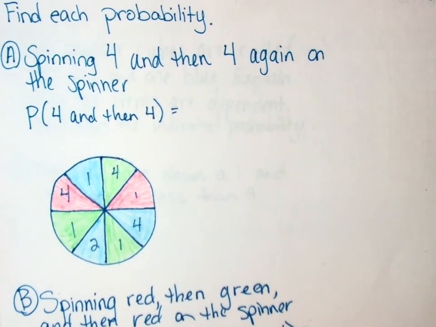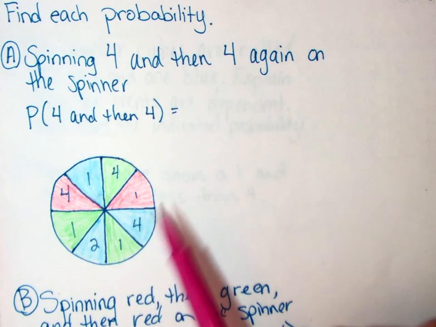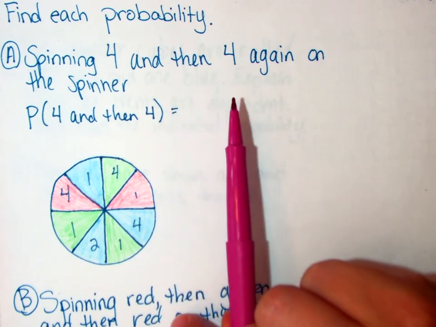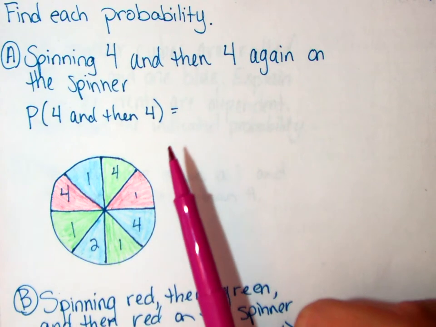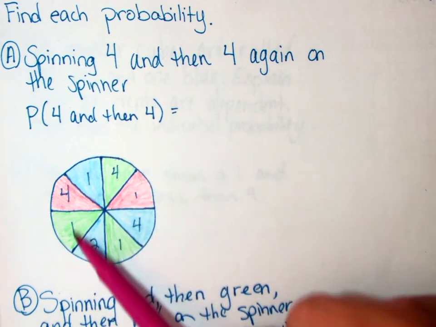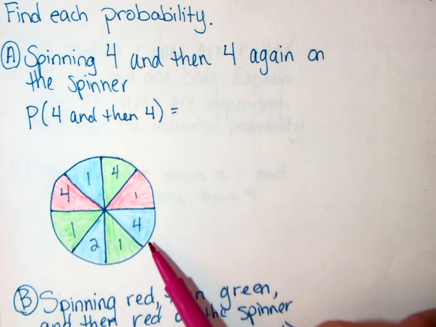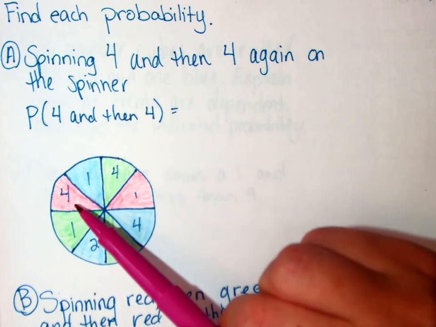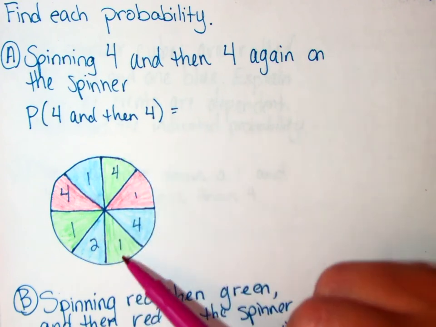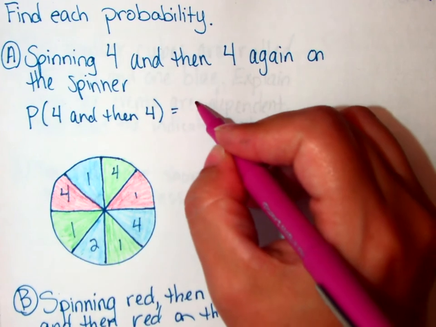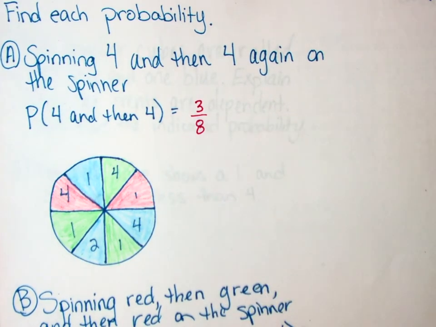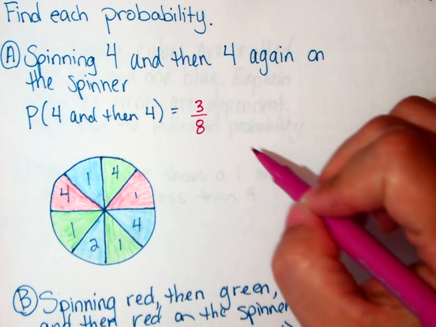Okay, so this is a little spinner. What's the probability of spinning a 4 and then a 4 again on the spinner? So you look at your spinner and you say to yourself, well, how many 4s do I see? I see 1, 2, 3 out of 8, I have 4 on this side, 4 on this side. So that would be 3 over 8. So my first spin to spin a 4, my probability is 3 over 8.